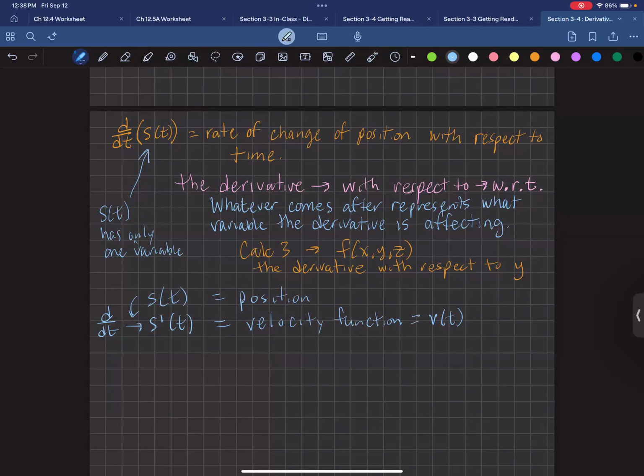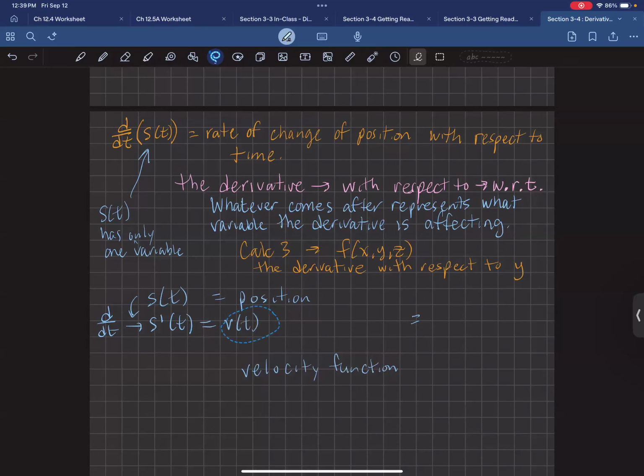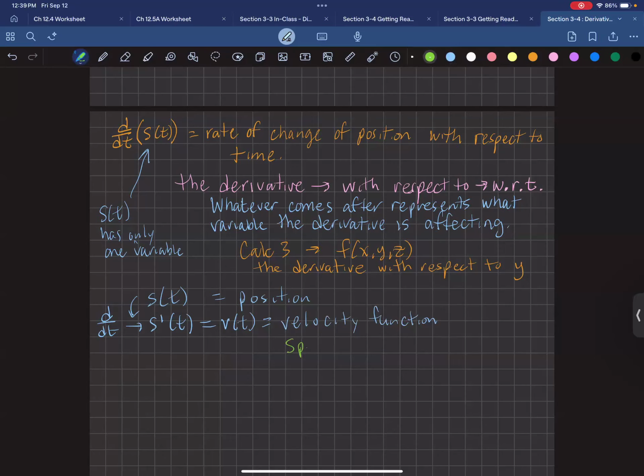Where speed comes into this, speed is the absolute value of velocity. There's a little more to it.